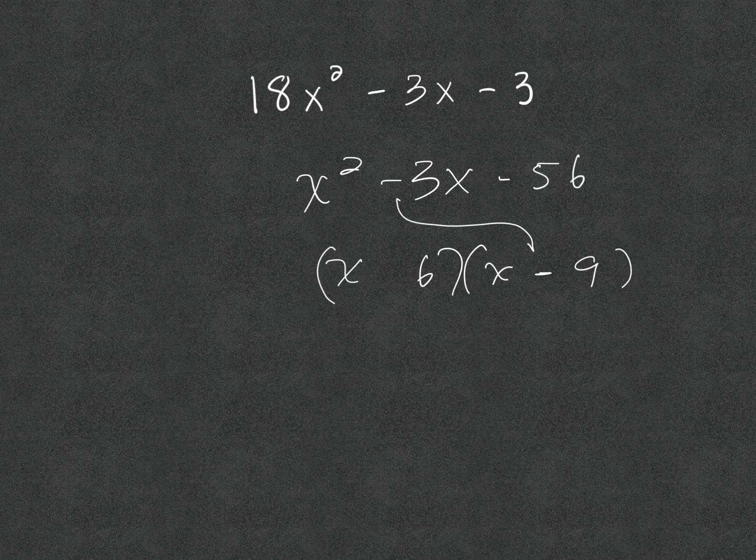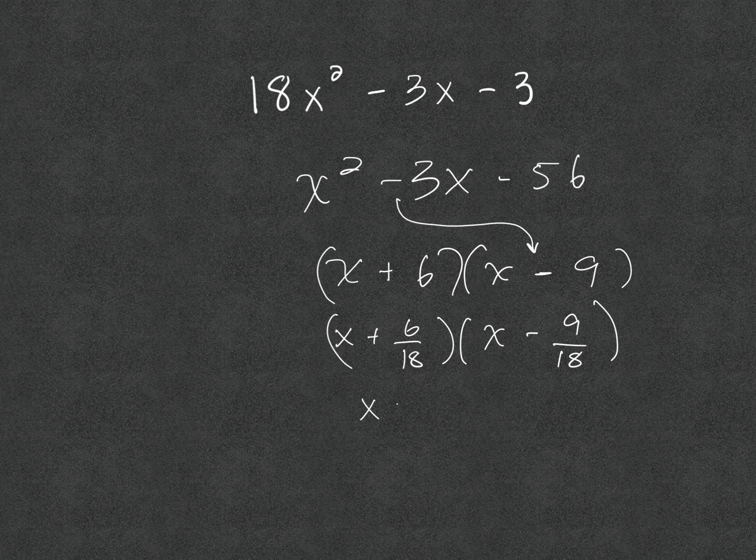The bigger number matches that sign. 6 is going to be positive. Okay, we now divide by a. So we're going to have x plus 1 over 3 times x minus 1 over 2.